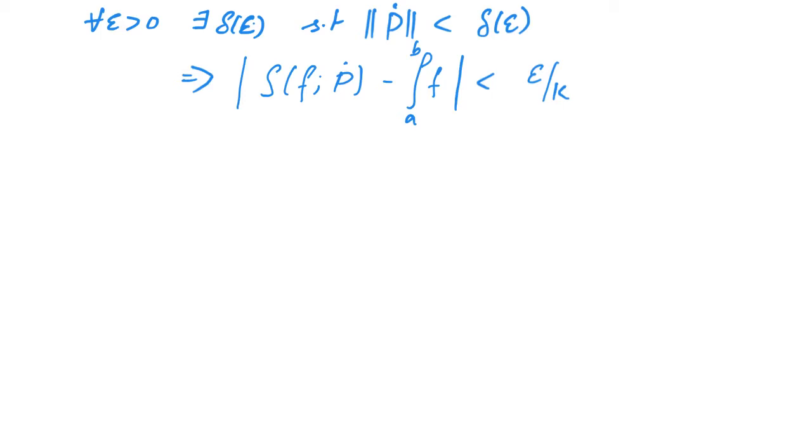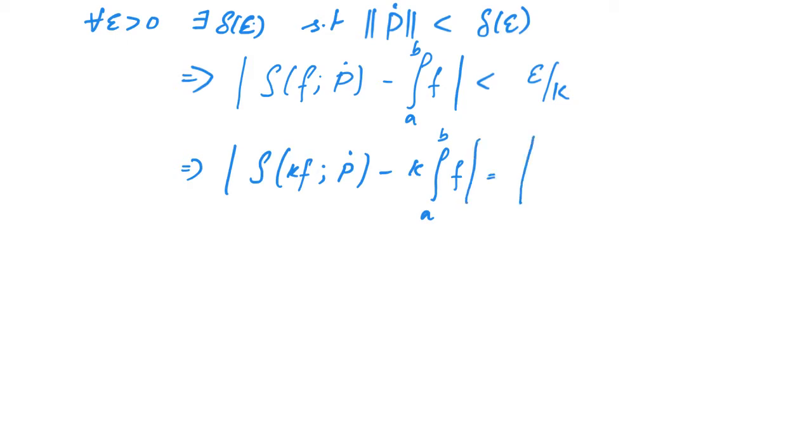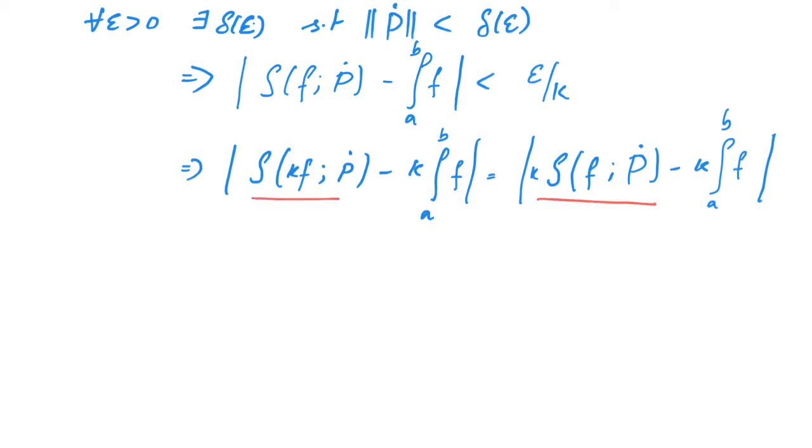But this implies that the modulus of S(kf; P dot) minus k times the integral from a to b of f is equal to the modulus of k times S(f; P dot) minus k times the integral from a to b of f. Why is this equality true? Because we showed that this is equal to this earlier. So because of that, we see that the two sides of this equation are equal.